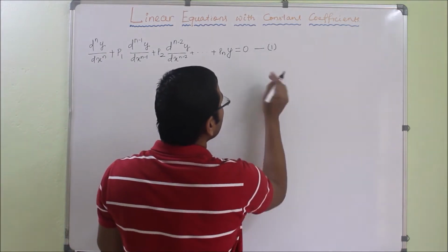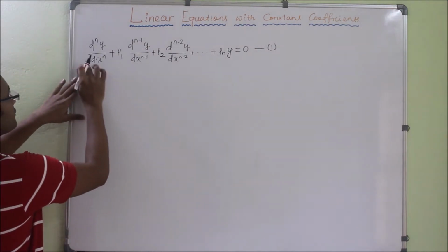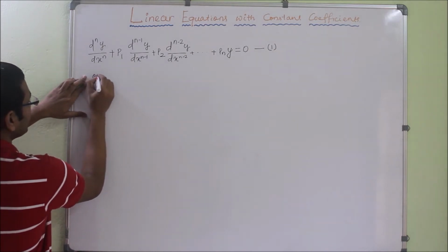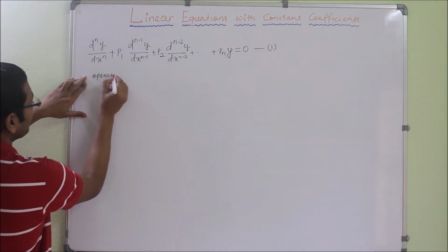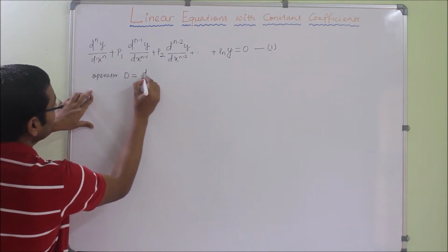If I write this as equation 1, what will we do then? We can change this into a simplified form, that is, we can use the operator D which is equal to d by dx.